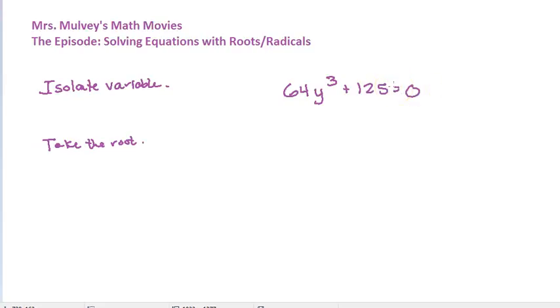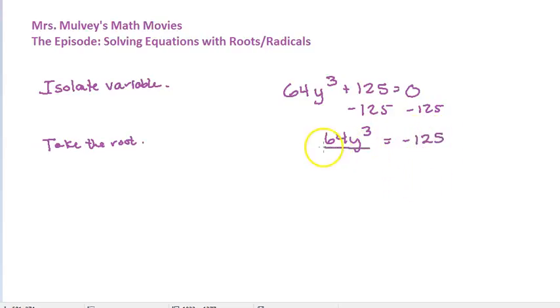So just doing simple division here isn't going to isolate the variable. I have a two-step process, just like you would solve this equation if this was a y instead of a y cubed. The first thing I'm going to do is I'm going to subtract the 125 to get it over to the right side of the equation, or really just to get rid of it on the left side.